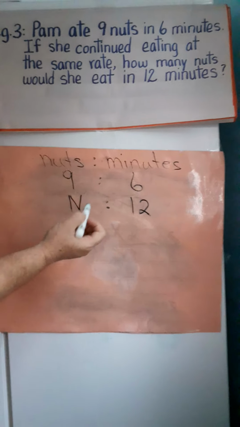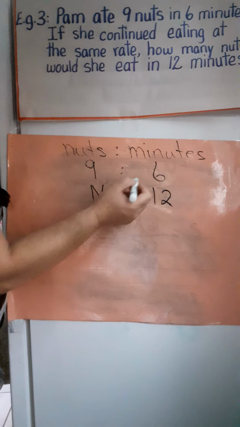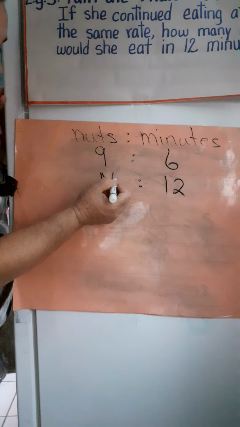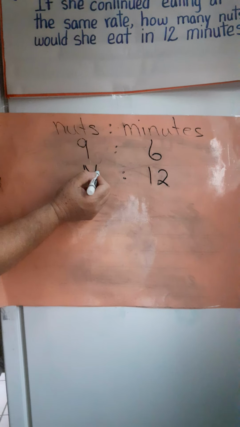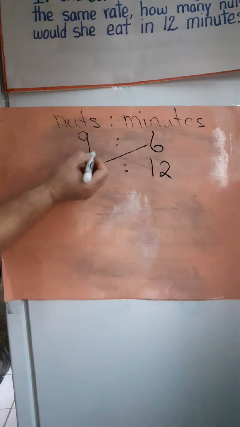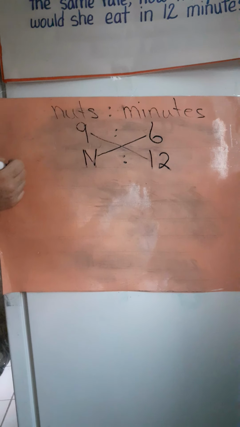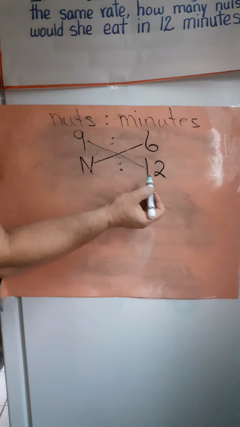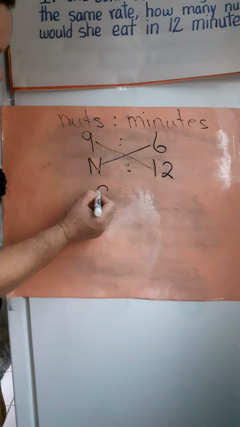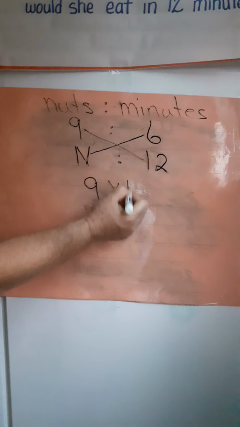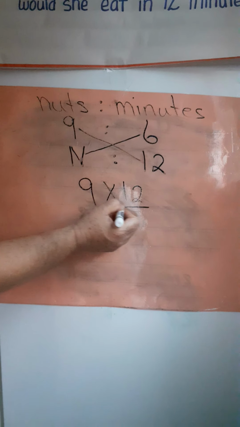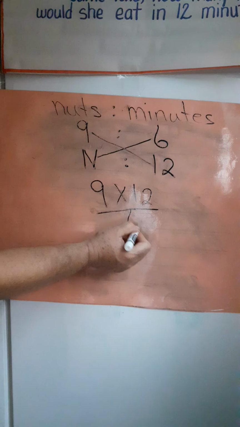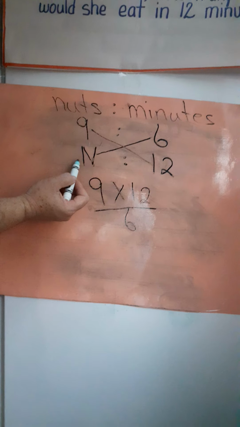How many nuts? We now cross multiply, which means I am going to draw a line from the N to the 6, the 9 to the 12. Okay, I'm going to multiply 9 and 12. 9 times 12 divided by 6, because 6 is the one that matches with the N.